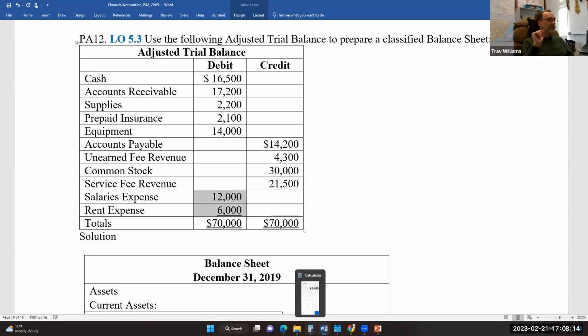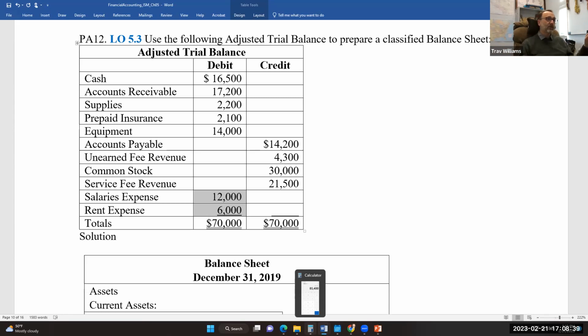You could also see this in your closing entries. We close out the revenue of 21,500, close out the expenses of 18,000. The difference of 3,500, which is our net income, also would need to get closed out to income summary, but it increases our retained earnings. And that's what we're doing here.